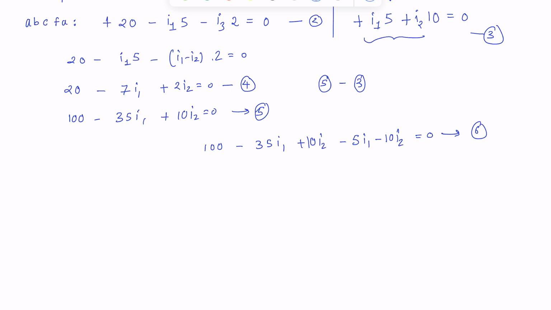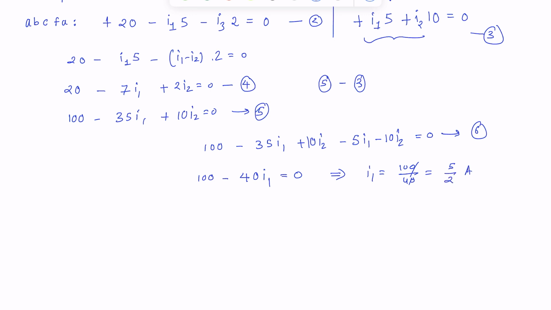It's your job to match these equations. So I get 100 minus 40I1 equals 0. Nice. So I get I1 equals 100 over 40, and that is equal to 5 over 2 amperes.